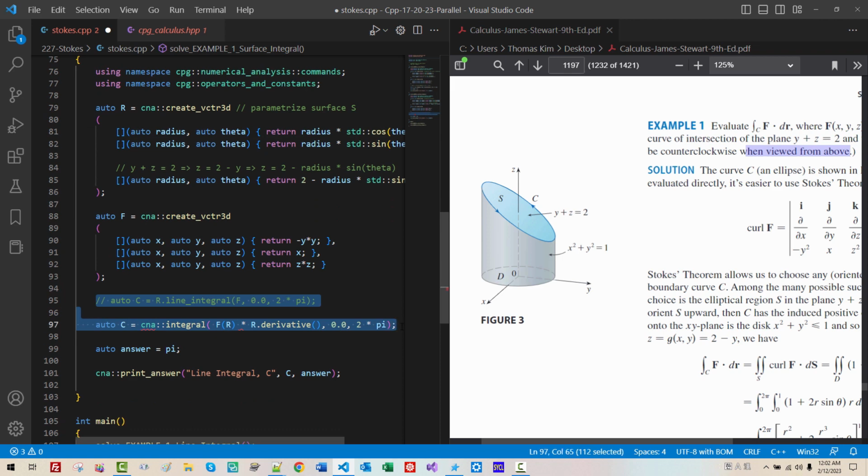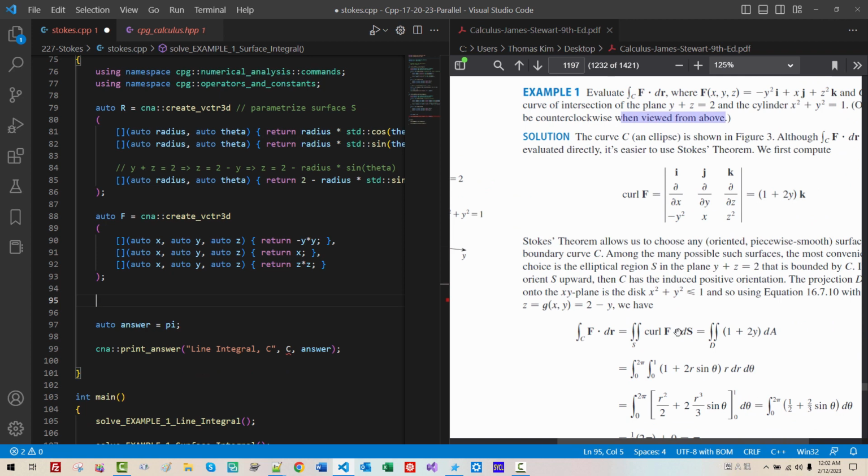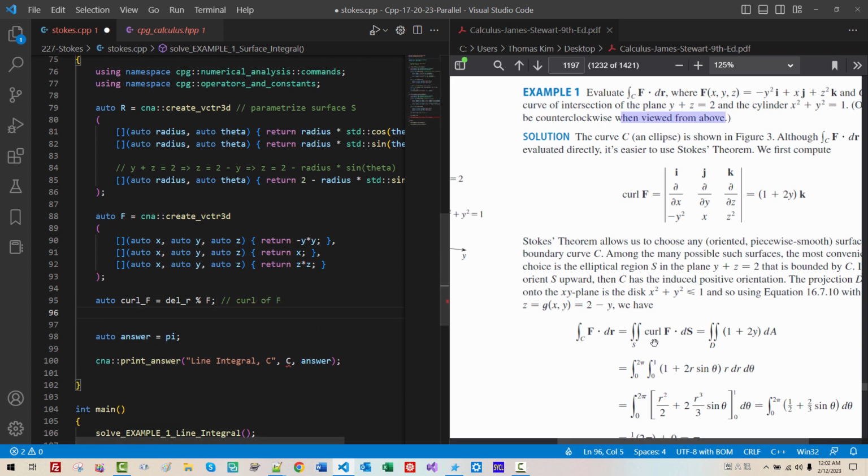This part is the same. Now we are performing double integral. Here, in this surface integral, we have to compute curl of f, or curl f equals del cross f. So we evaluated curl f. Now from r, we take derivative with respect to radius and theta.